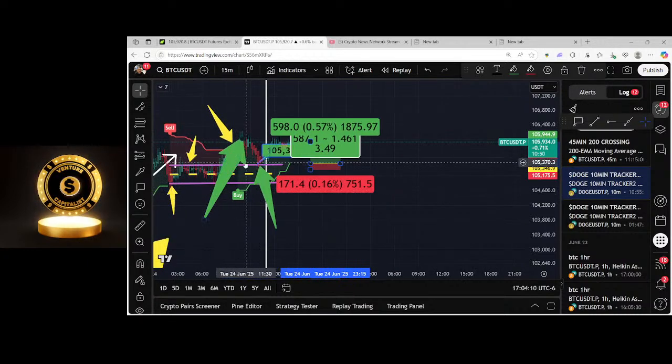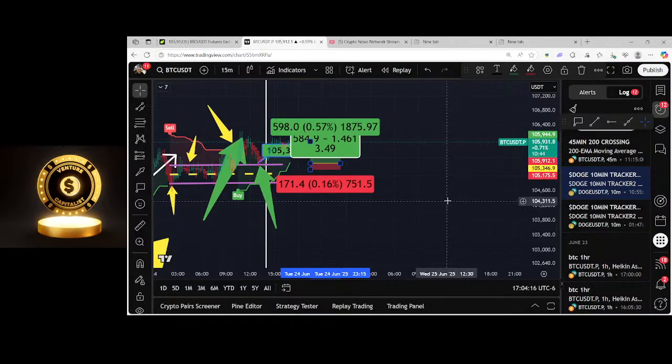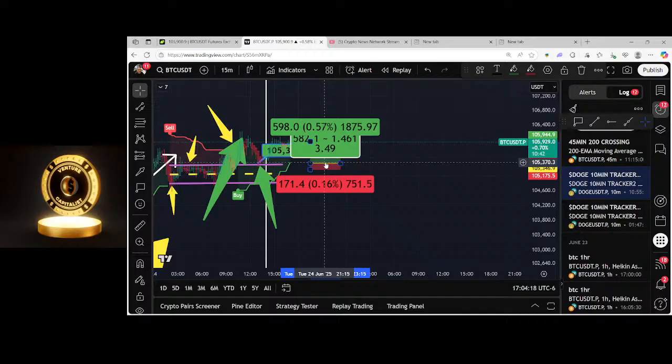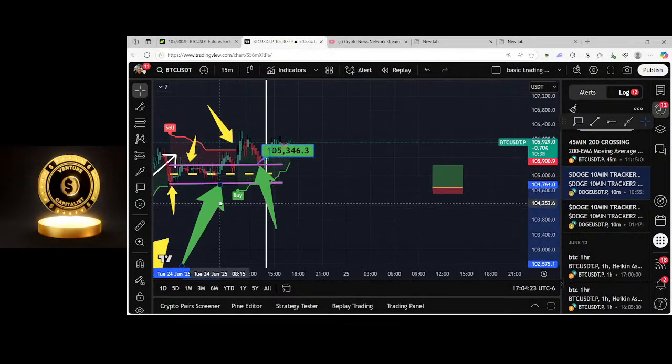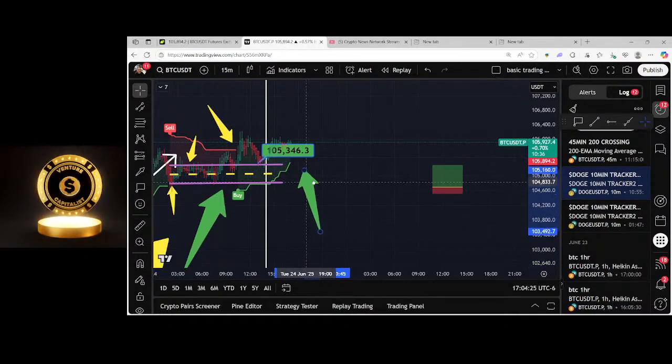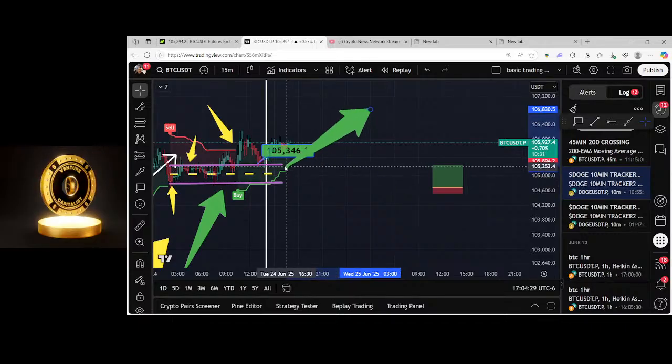Okay, coach. You see where it's sitting right now at 106. Yeah. Let's say if we had set up a trade before the 106, you would have set it up on that support right there, that purple support at 105,300.